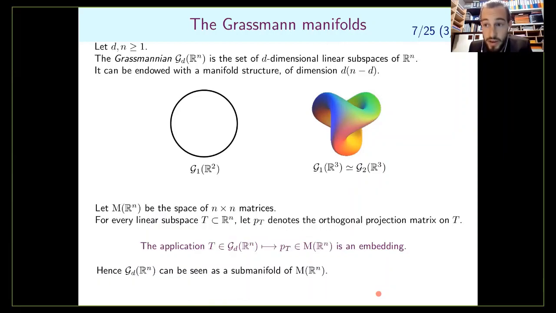A last fact we will need about Grassmannians, they can be embedded in the matrix space. So consider M_n(R), the space of n times n matrices.